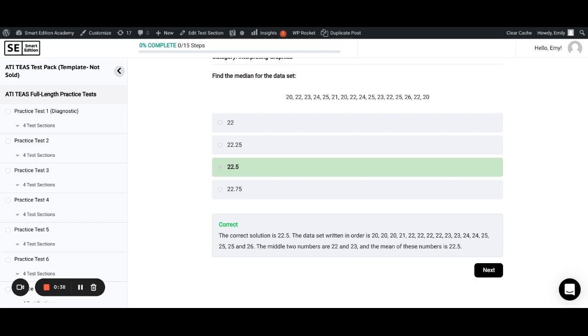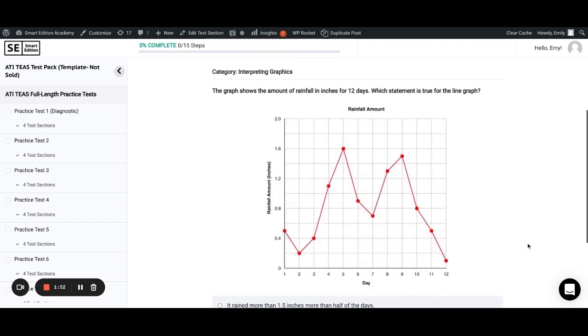And here is how we got that answer. The correct solution is 22.5. The data set is written in the following order. The middle 2 numbers are 22 and 23, and the mean of these numbers is 22.5. Okay. Next question.